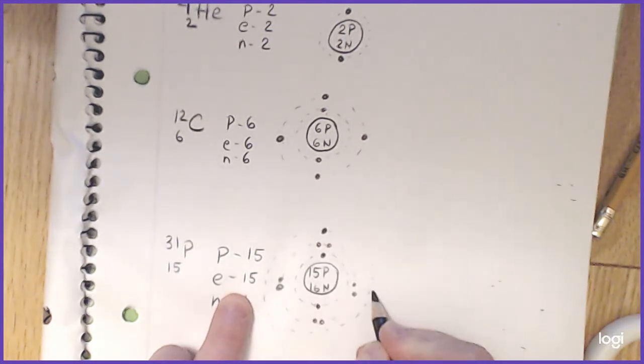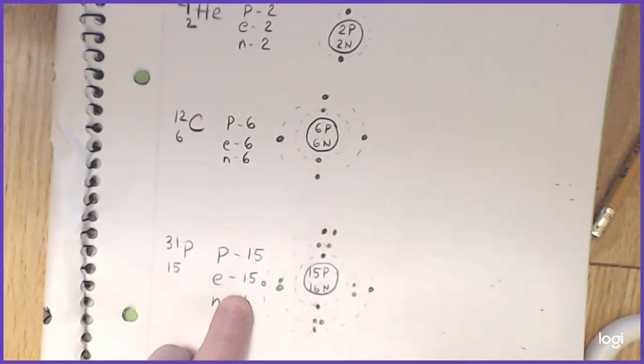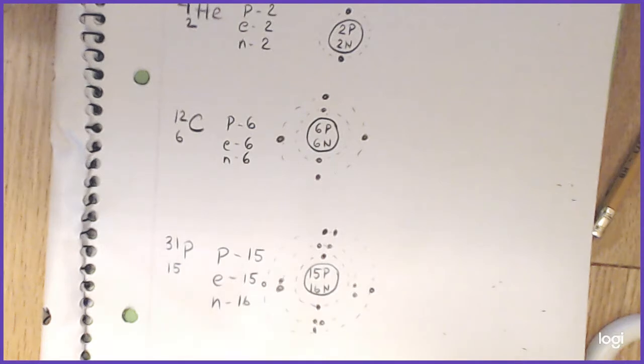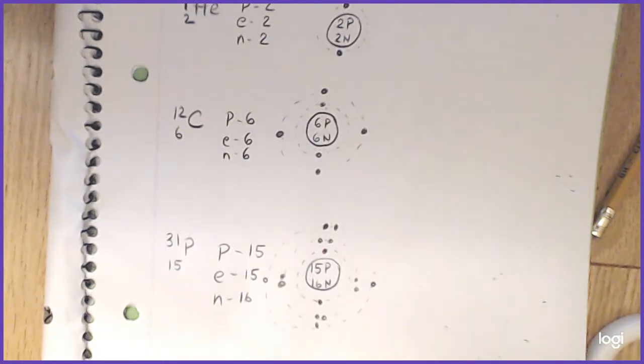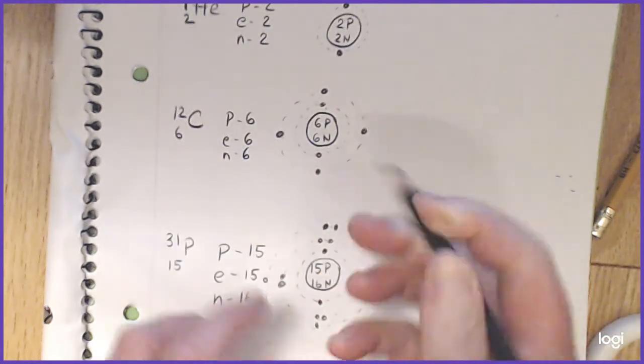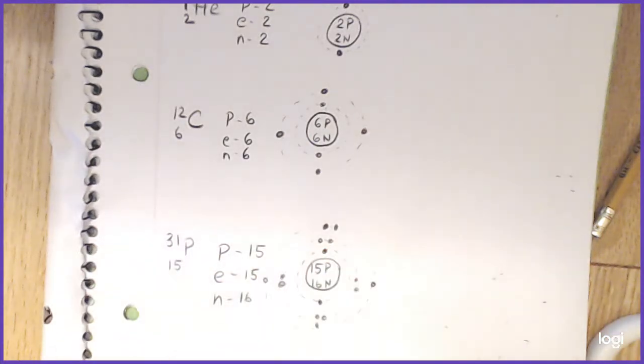So 1, 2, 3, 4, and 5. So this is kind of what our phosphorus looks like. Now, remember again, we've drawn them in 2D, but in real life, they're zipping around in all sorts of different directions in their energy levels. So this is actually a 3D atom, but we've had to just draw it flat as 2D.